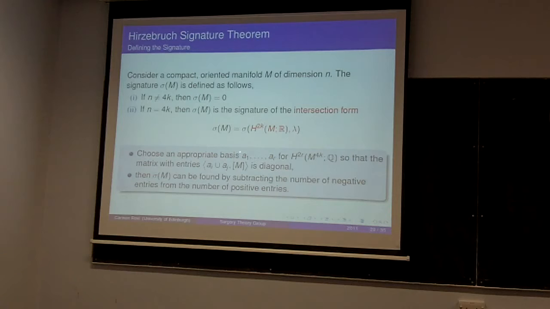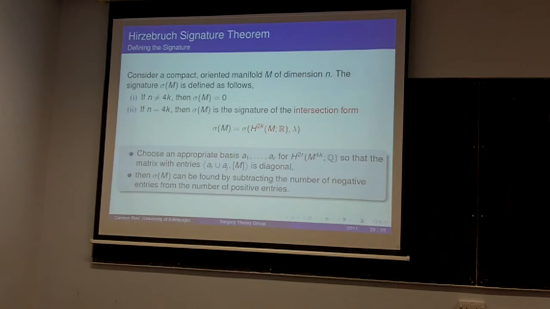So what we have to do is to choose a basis for this vector space, this cohomology group, and we should try to find an appropriate basis so that when I apply the bilinear pairing lambda to it, this gives me a matrix which is diagonal. If it isn't diagonal, I can just diagonalize.